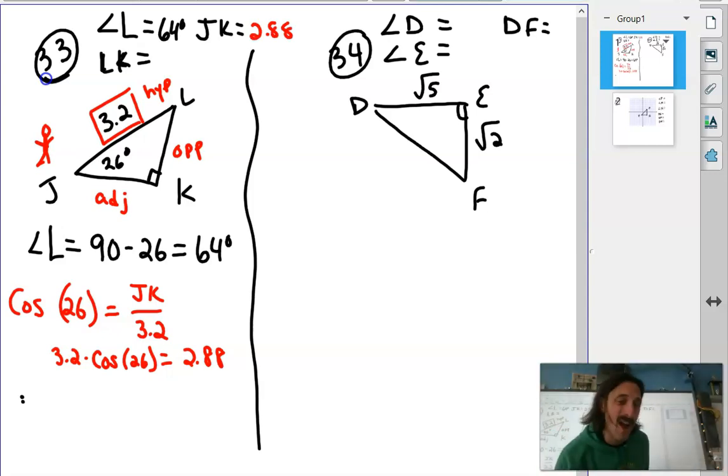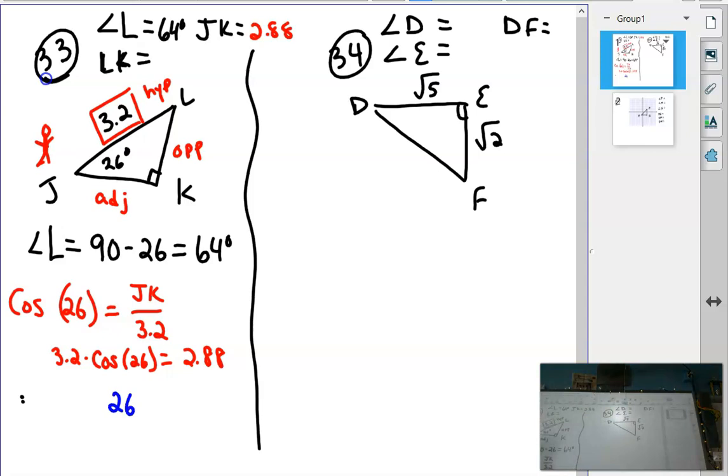Now, as easy as that was, in order to find the opposite side, the only thing I really have to change, I don't have to change my position, I could, but let me just use that 26. And again, I know the hypotenuse. And now I'm looking for the opposite side, which is LK.